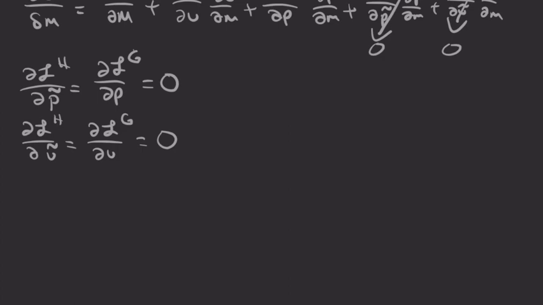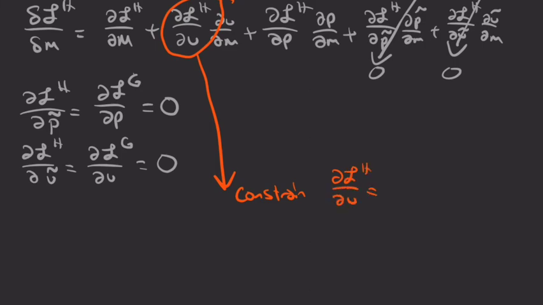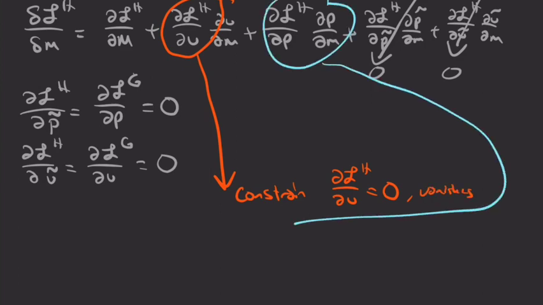Okay? And then finally, if we're saying that we constrain partial Lagrangian with respect to u is 0, then this vanishes. And if we constrain that this is 0, then it also vanishes.